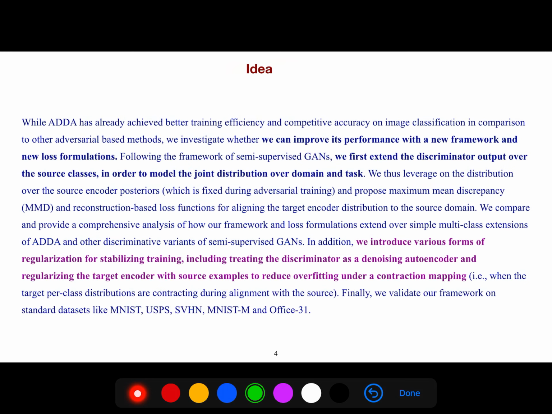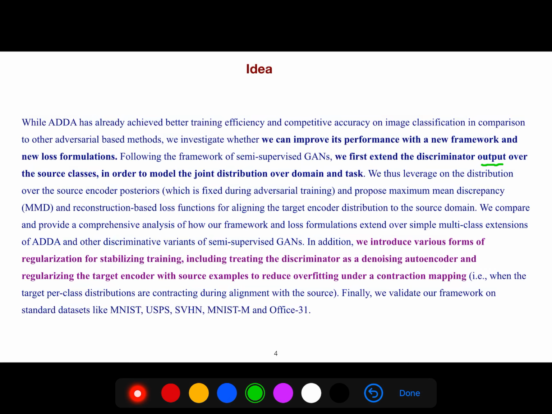While ADDA has already achieved better training efficiency and competitive accuracy in image classification in comparison to other methods, we investigate whether we can improve its performance with a new framework and new loss formulations. So we first extend the discriminator output over the source classes in order to model the joint distribution over domain and task.